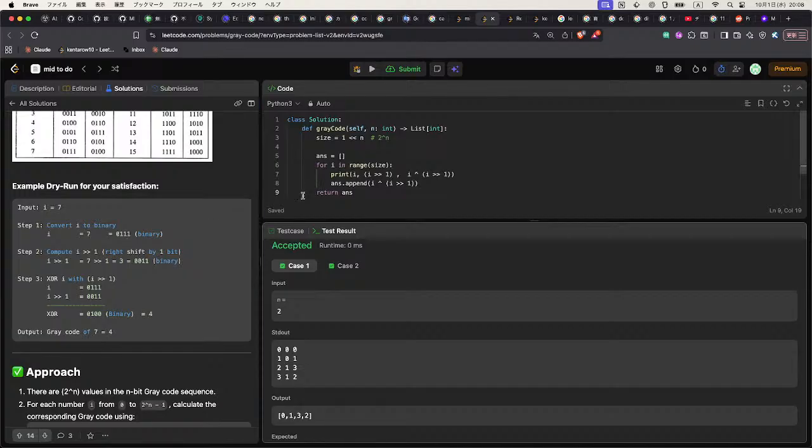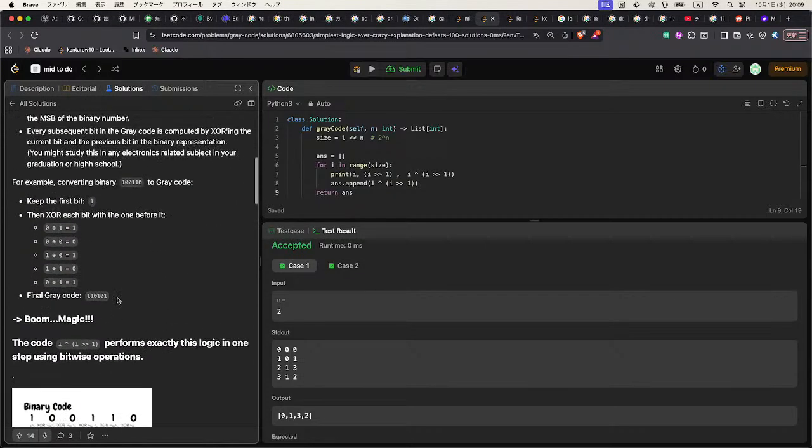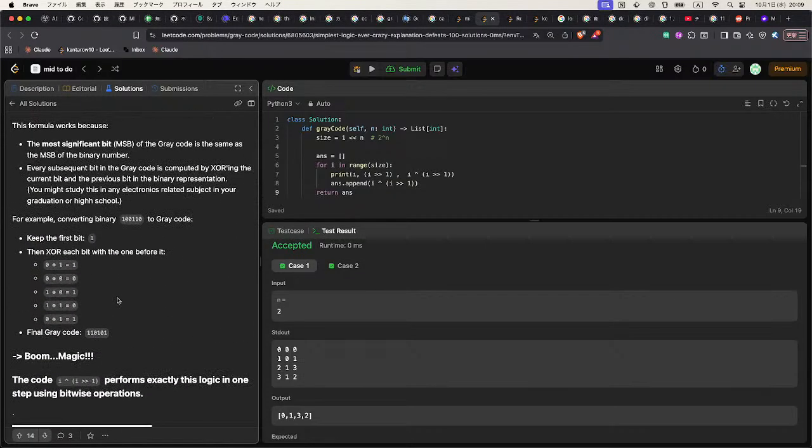But why? I'm not sure. But the gray code always differs by 1 bit when they are consecutive. Okay.